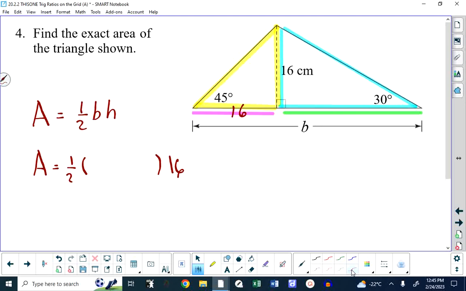So I don't think we need to use trigonometry there. That's 16. Let's call this distance L, and I'm going to work in this triangle, looking at where L is compared to the 30 degrees. L is adjacent to the 30 degrees, and 16 is opposite, so that means I'm going to use the tangent ratio.